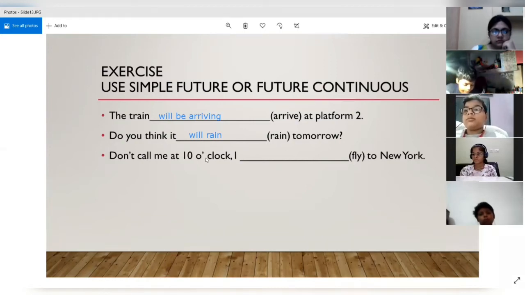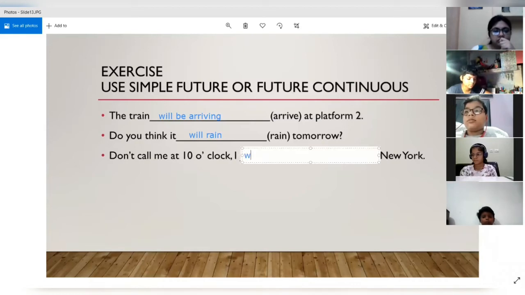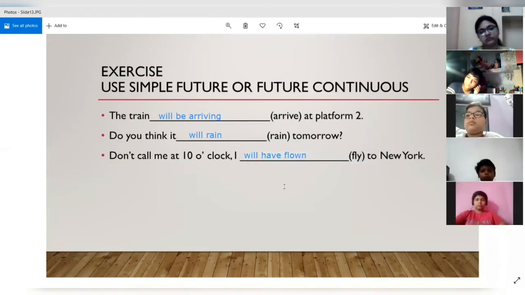But if you say I will have flown, it would mean that you have already gone to New York. So there is no need of calling me at that time. All right. So we can use both of these, but will have flown is a bit more appropriate over here.